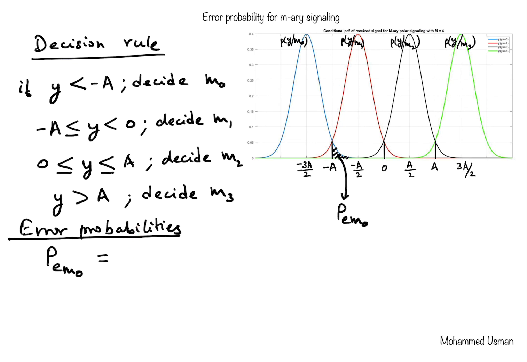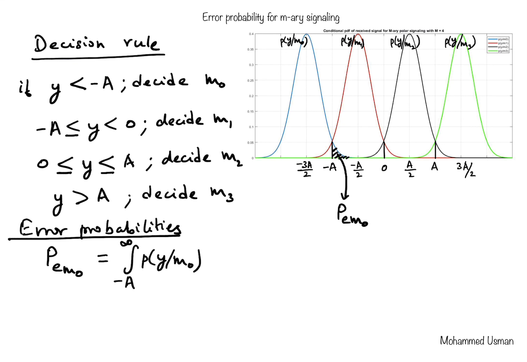Area means integration. So it's the integration from -A to infinity under the PDF when M0 is transmitted, which is P of Y given M0. So that's the error probability when M0 is transmitted.